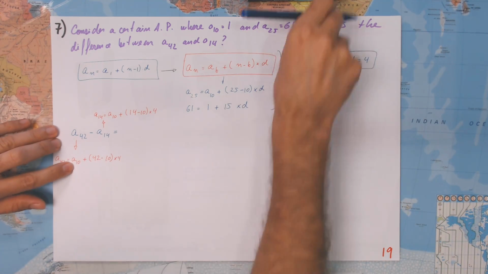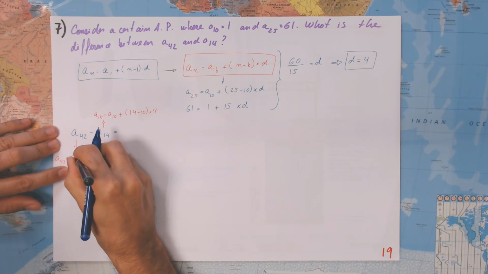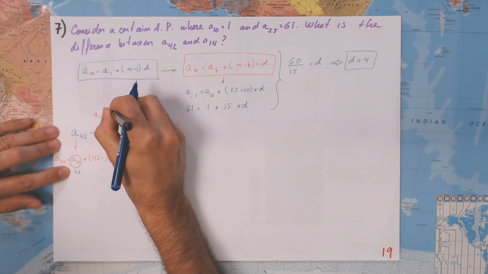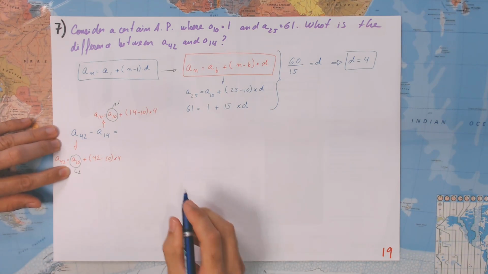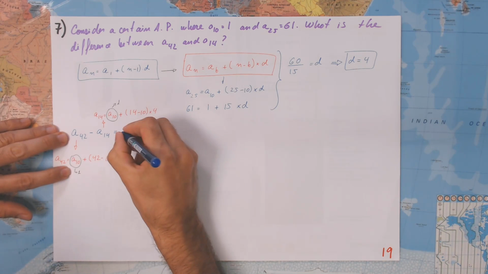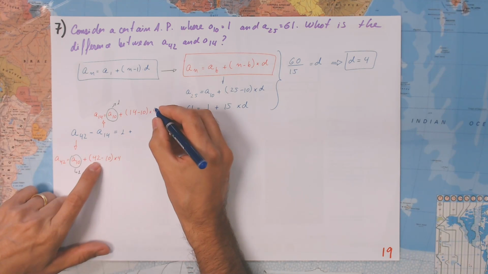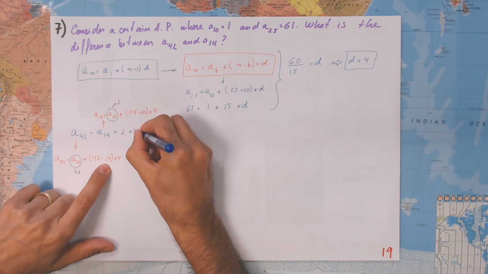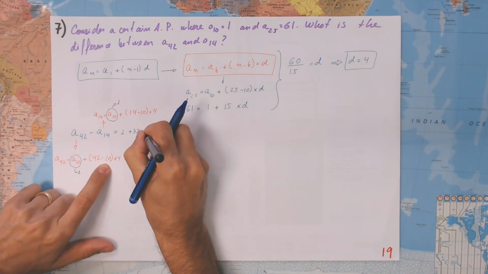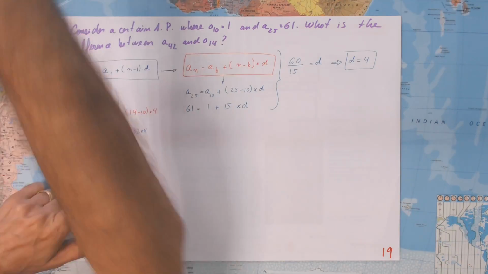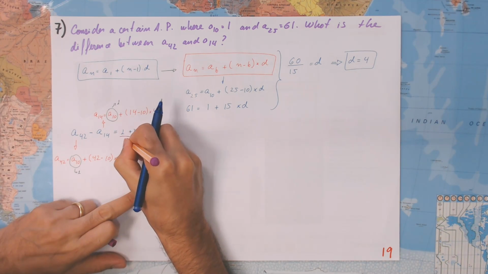Of course, a10, we know, is 1. You see, that is why I wanted to use a10. It is just 1, very simple. Now what is going to be a42? It is going to be 1 plus 42 minus 10, which is 32, times 4. This is going to be our a42.